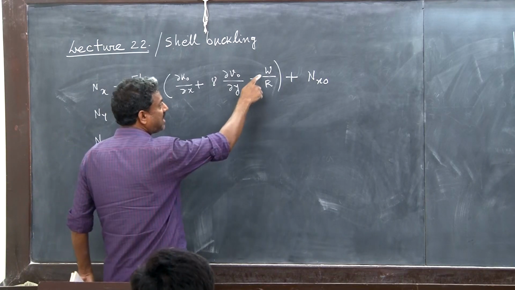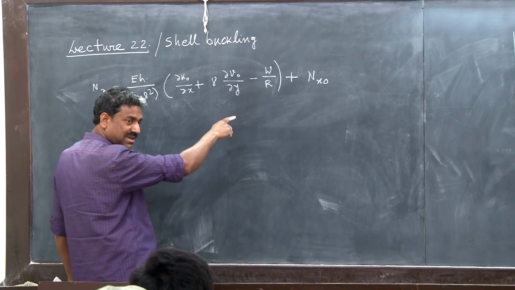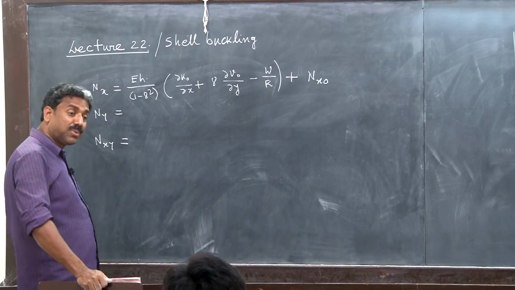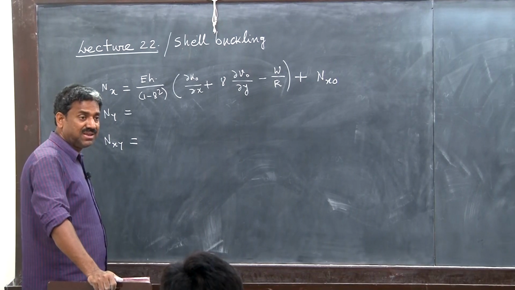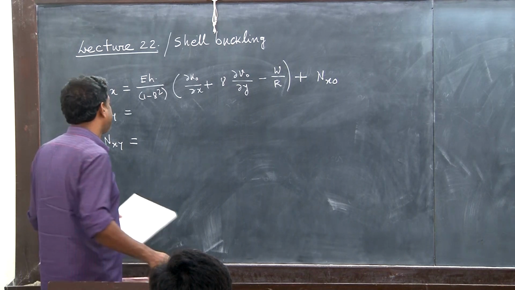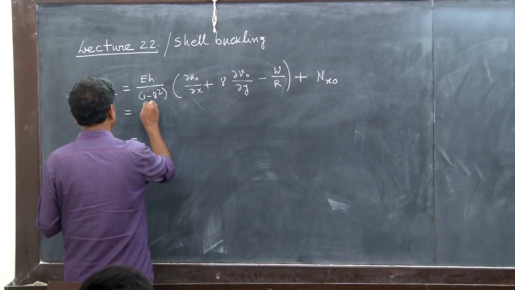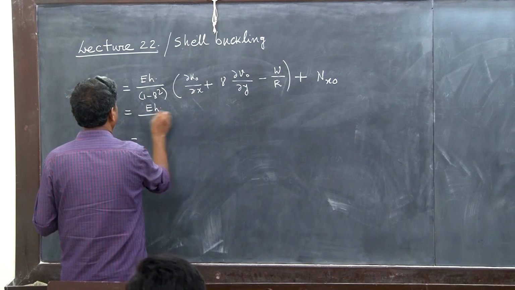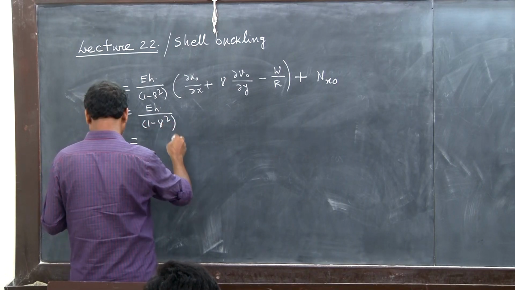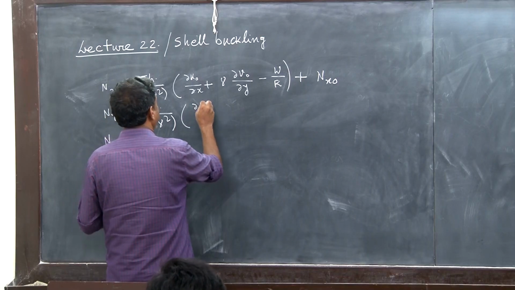Please note that W will come only due to bending, right. And now I understand why from the very beginning this coupling will be there. Understand that? I will try to explain using the Donnell equation itself. Okay, wait please.